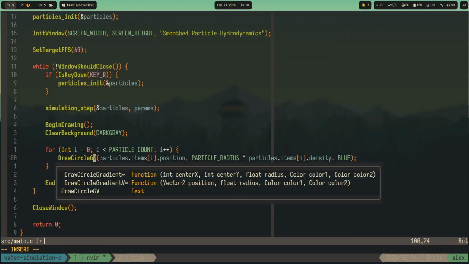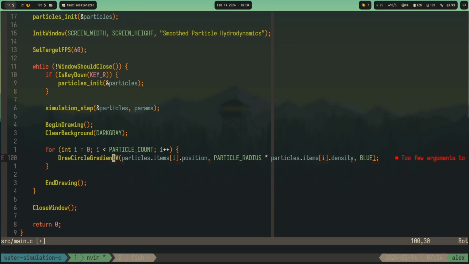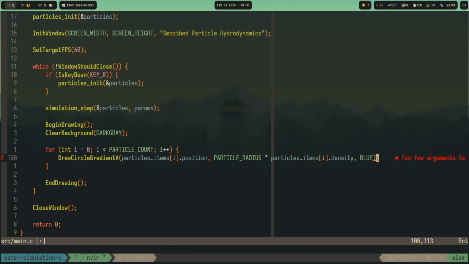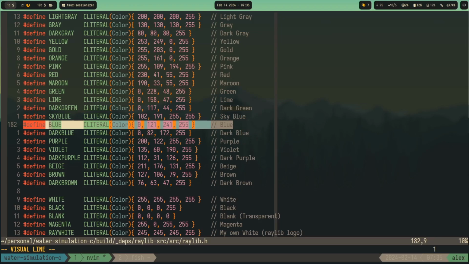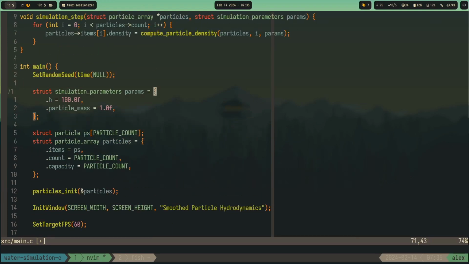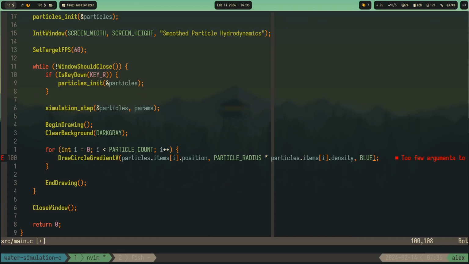Draw circle gradient V. So we need another color. And I was thinking, well, let's see how blue is defined. And what if we try to... wait, do we have transparent as a color?